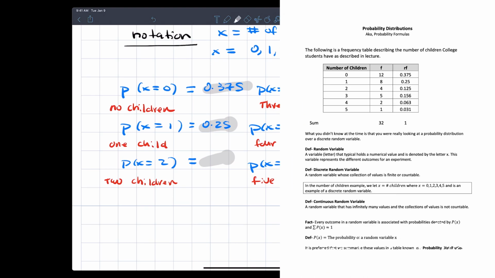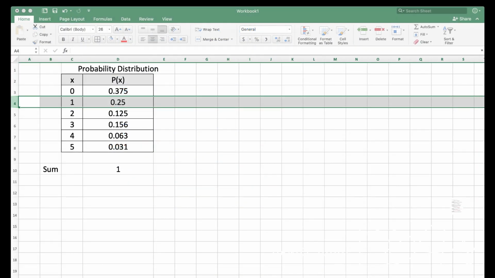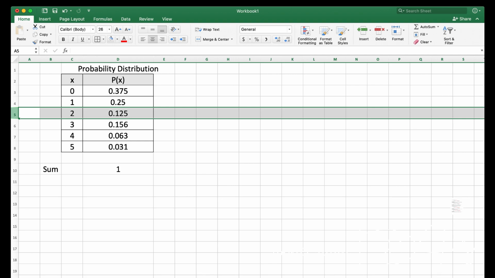So for P of 2, can you read that? What do you guys see here? Is that 0.125? You guys are already answering. The probability of having 2 children is 0.125 or 12.5%. That's P of 2. And again, you can say to me, can I go to Microsoft Excel? Can I say, oh, here's the probability of having 2 children?